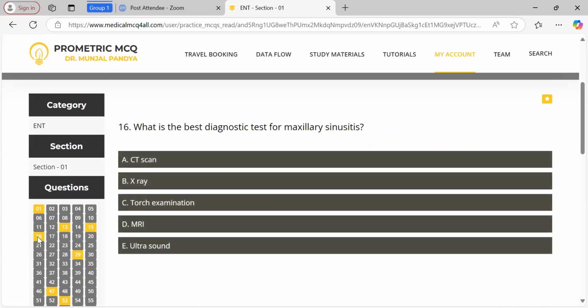What is the best diagnostic test for maxillary sinusitis? X-ray. Best is CT for sinusitis. X-ray is not best. For sinusitis, it is CT scan.